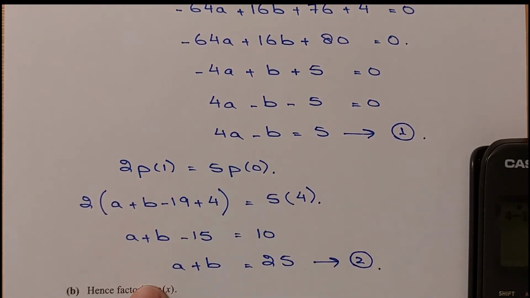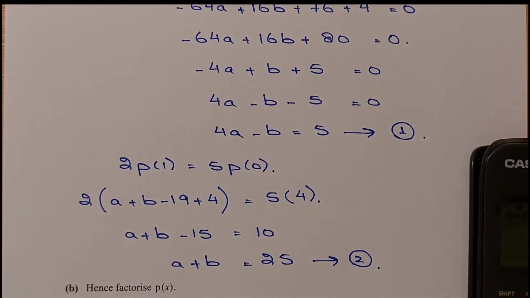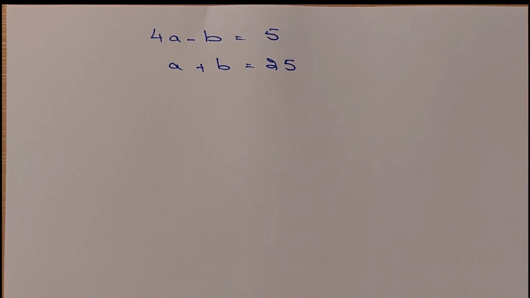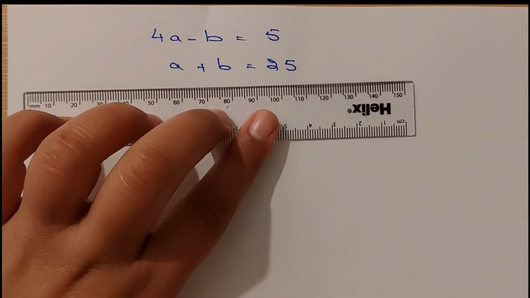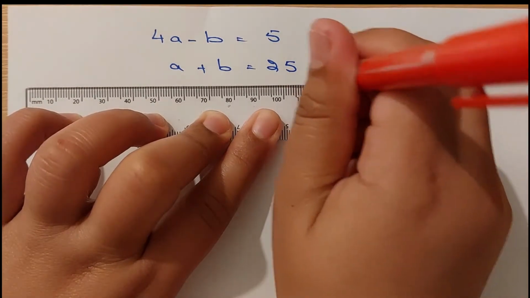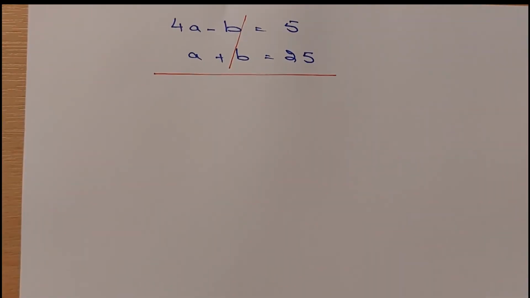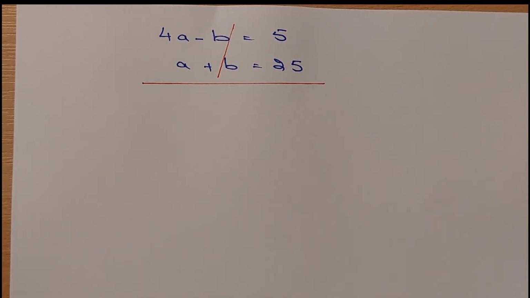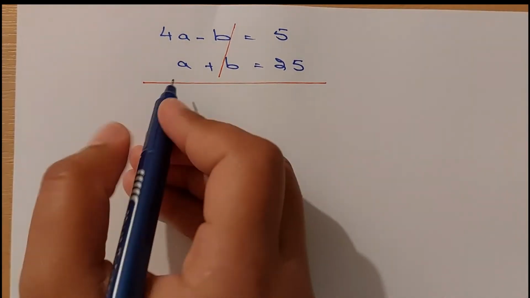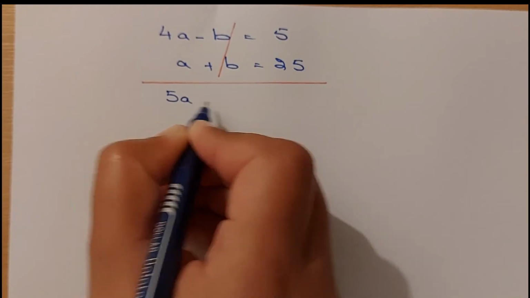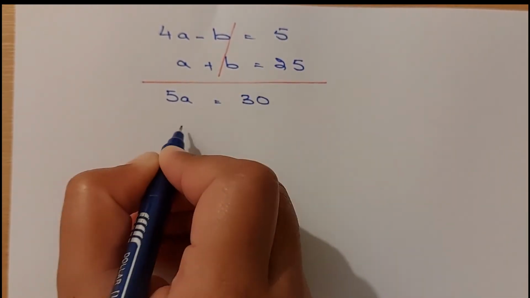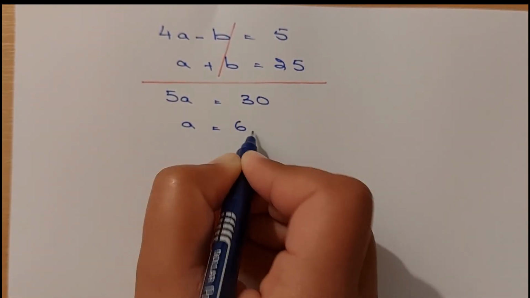Now use these two equations and solve for the values of a and b. So these are the two equations. Now let me add these two equations to get the values of a and b. So positive b and negative b cancel, that is 0, and here we are left with 4 plus 1 is 5a, and that equals 30, and 5 times 6 is 30, so the a value is 6.